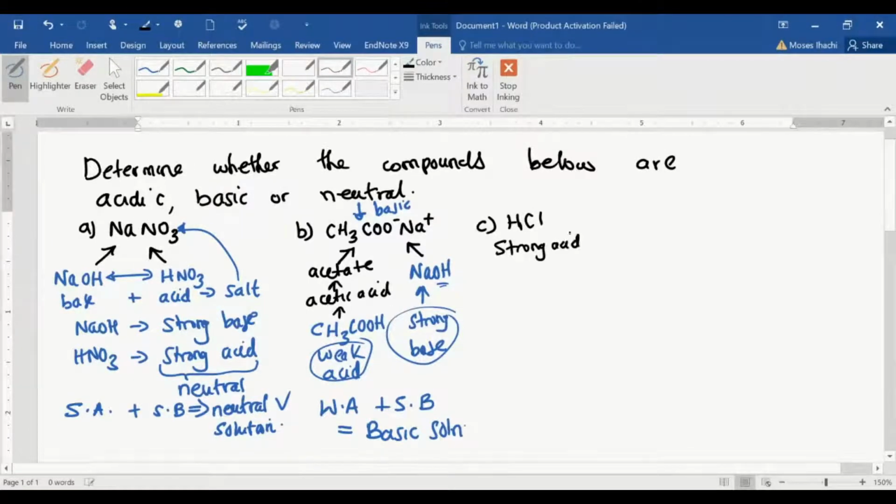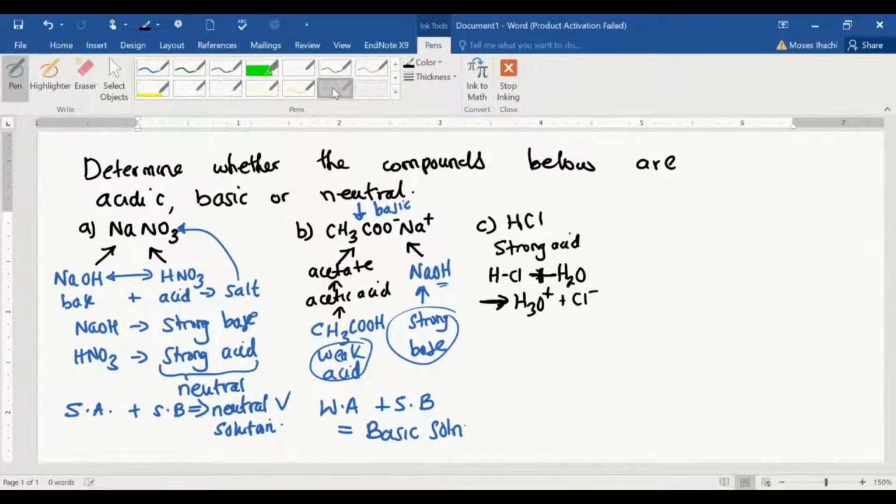How do we know that? When you put HCl in water, plus H2O, you will get H3O plus and Cl minus. You see, I'm using a complete arrow instead of an equilibrium arrow because it completely ionizes to give you these two products. So it's a strong acid.